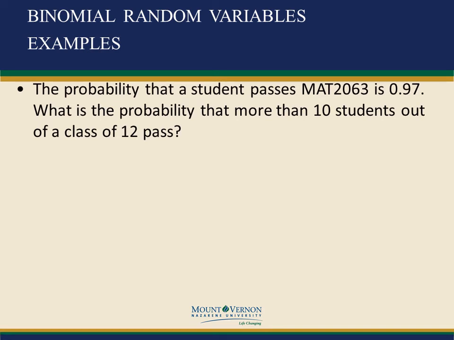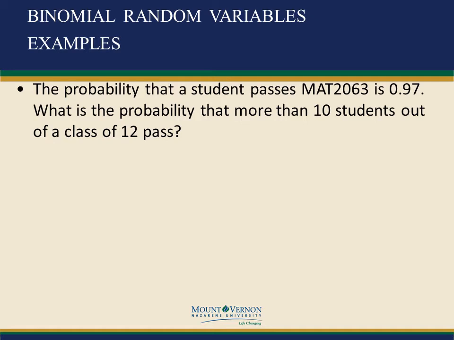In this problem, we're looking for the probability that more than 10 students out of a class of 12 pass a particular class. So for this problem, n is 12, p is 0.97, that's the probability given for success for this particular class, and x is 10, that's the number of students that is given in the problem.